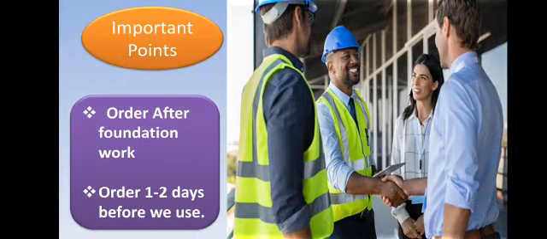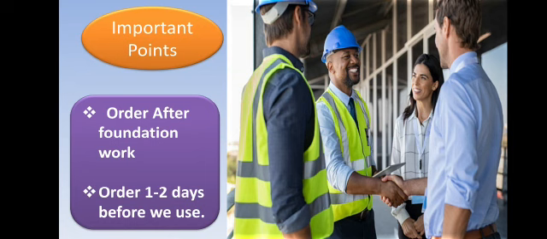First of all, order the required material for a particular work just 1 or 2 days before the start of that work. For example, before the foundation work, if the bricks are ordered, even during the foundation work, it blocks the space at site and money unnecessarily for some time.